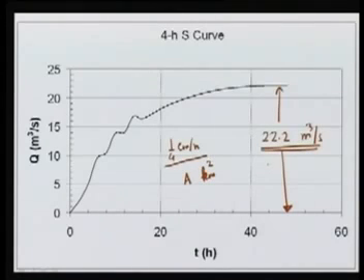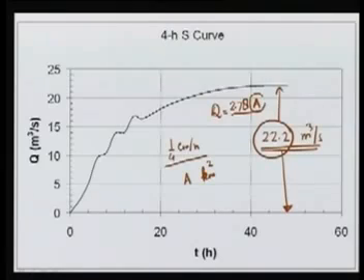Then we have seen that we can relate this Q as 2.78 A, where A is the area in kilometer square, and this 2.78 comes because of using the units of kilometer square and hours.